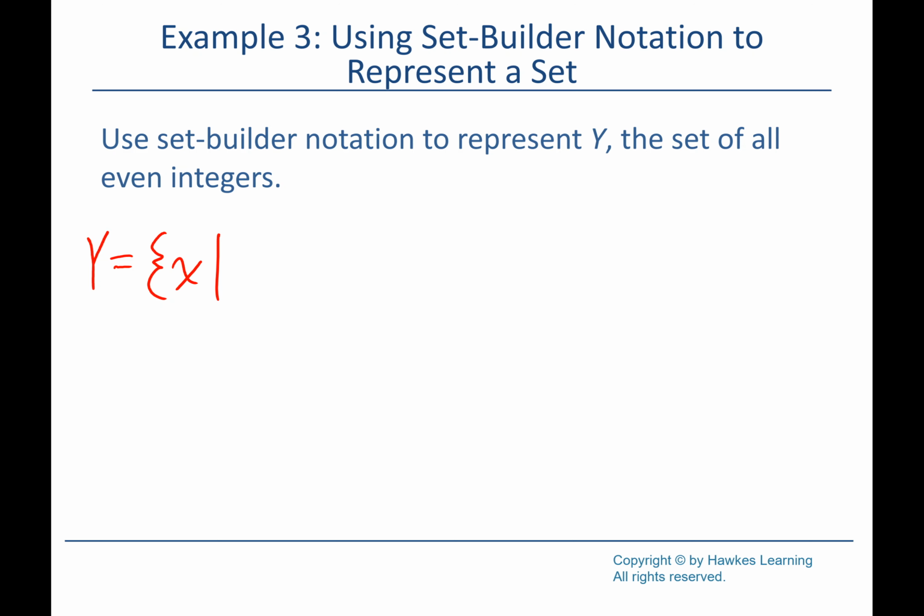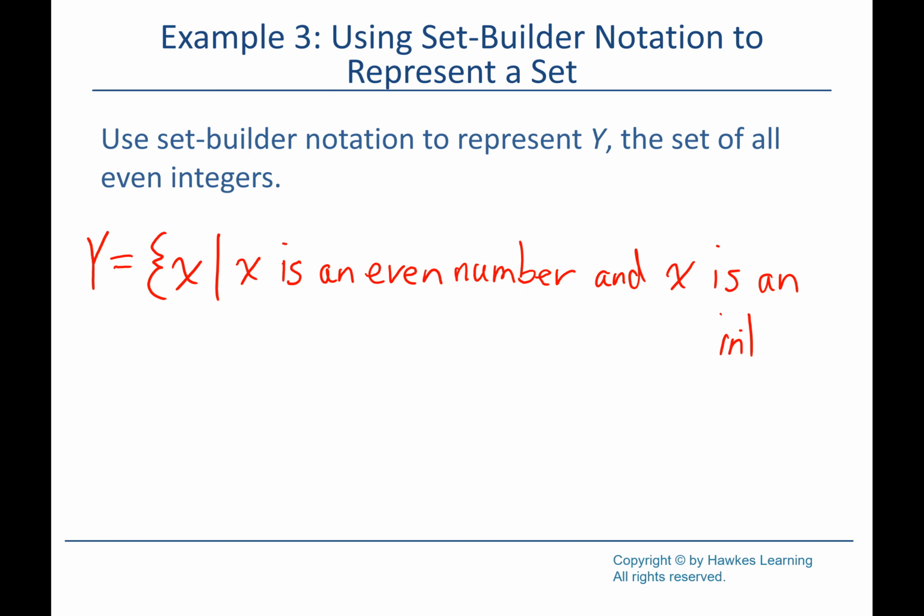All right, so we could say x is an even number, and x is an integer. Okay, so that's one way we could write that down.